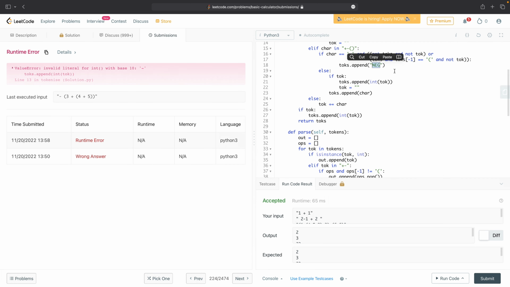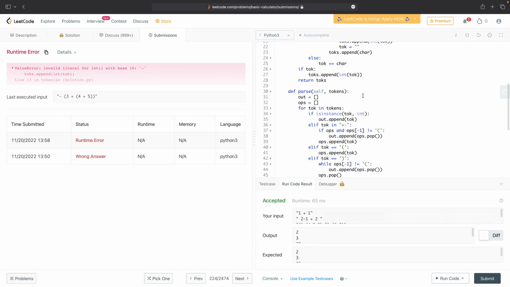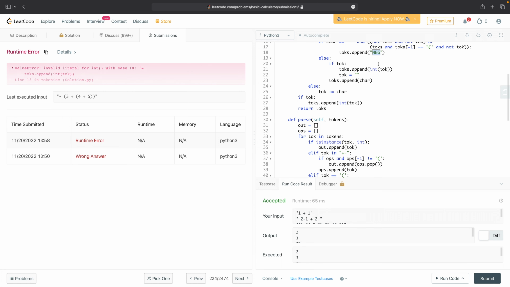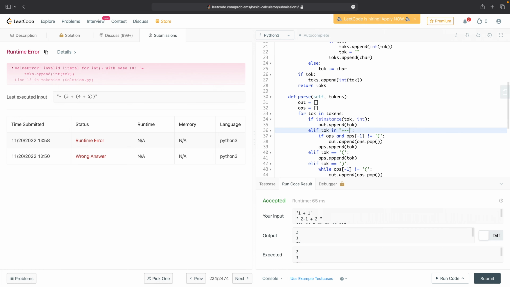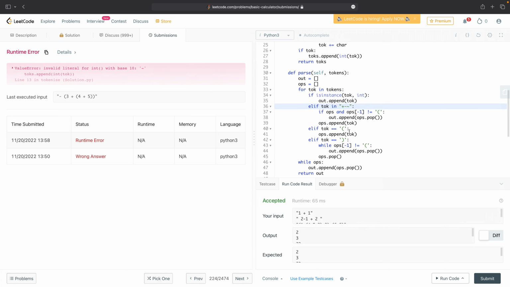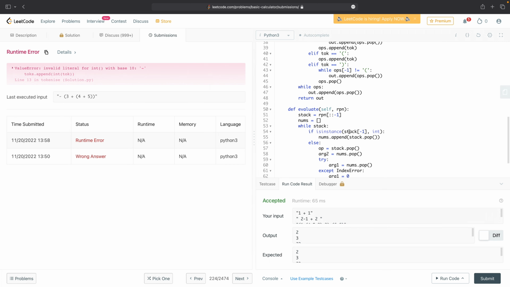So let's do this. We now have a neg. In fact, no, just to make my life easier, I'm going to make it a tilde. We want to handle that there, in the parse case.